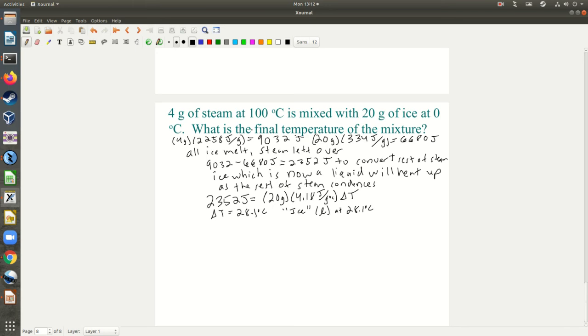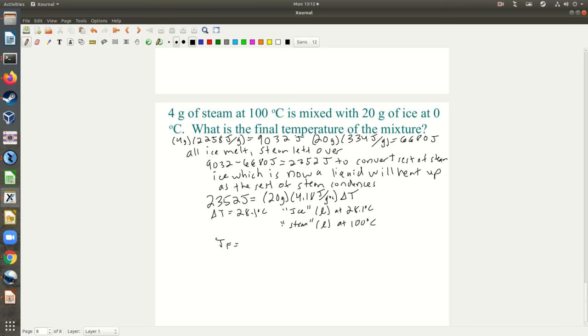Remember, we have to think of our substances as separate, meaning your steam is going to stay all cohesive until all of it's converted over. So that means you now have quote-unquote steam also as a liquid, but it's now at 100 degrees Celsius. And so this is then a traditional TF problem using that big TF equation.